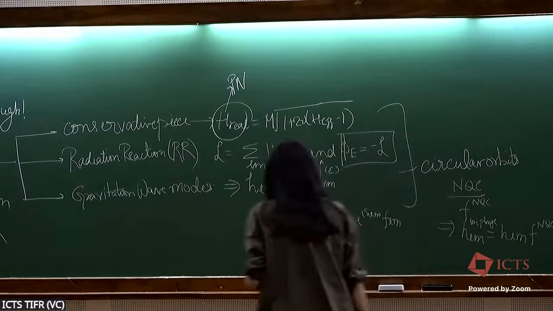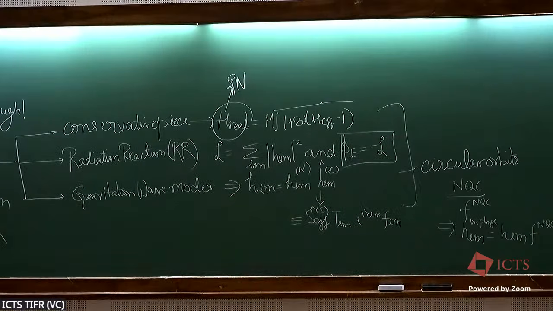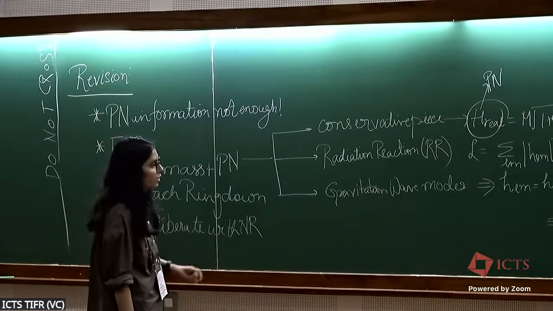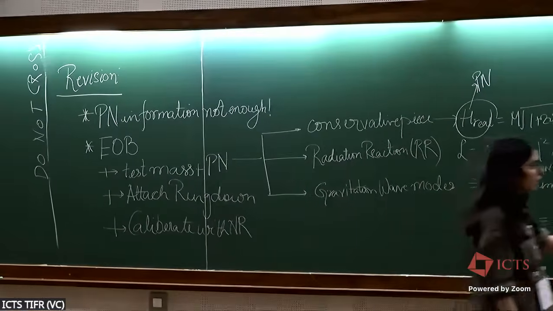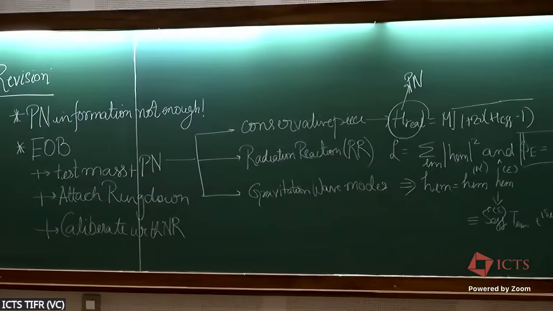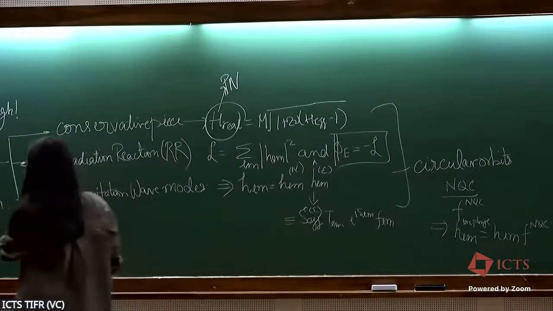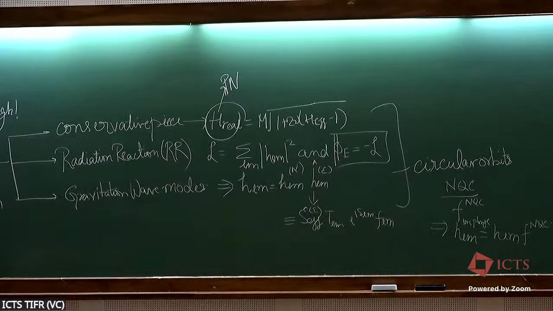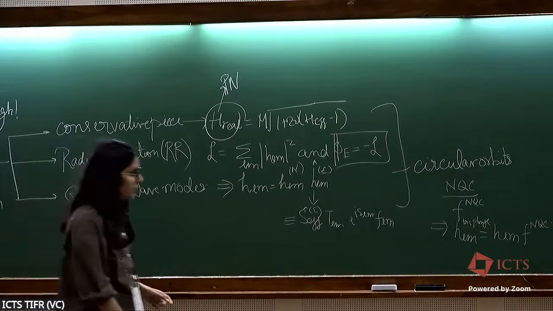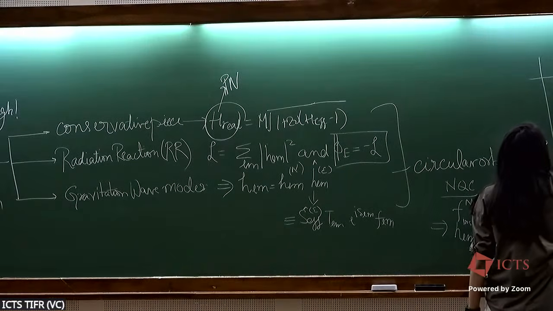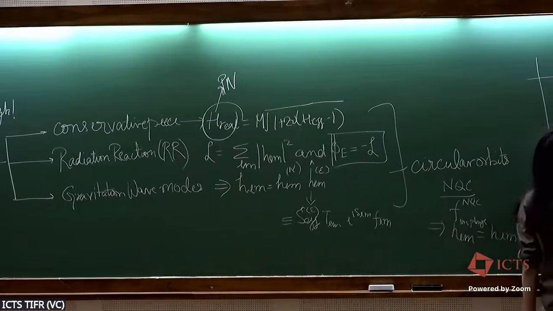It is by calibrating with the numerical relativity simulations. So there are a few free parameters in our EOB setup. Some of them are in the NQC part, and some of them are in the effective Hamiltonian. This way we will be able to obtain the full in-spiral plunge waveform, and we also attached the ring down yesterday. And everything that we did here was based on the PN information.